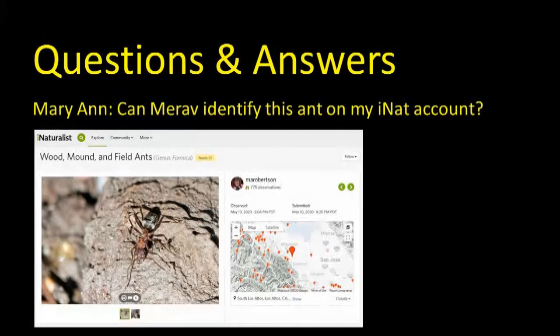You actually need to collect it or have the exact right angle or something like that. With other ants, we might have enough info, like there's just one species in the area, so it's easier. But cool ants, I would agree.